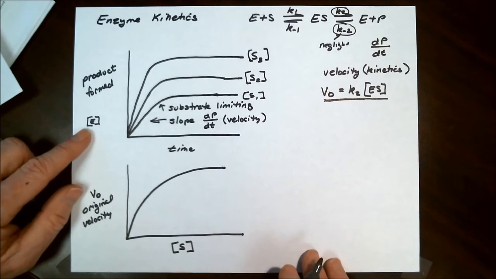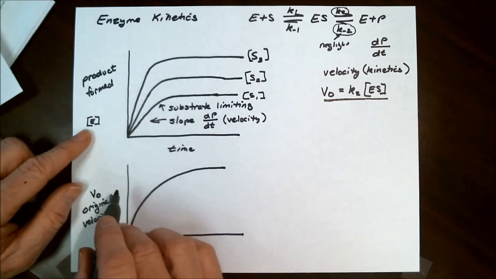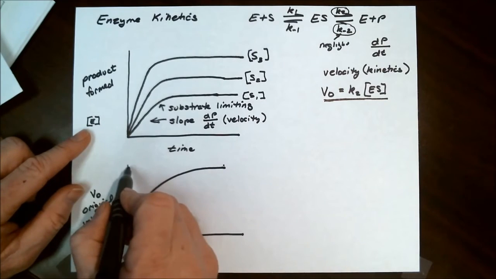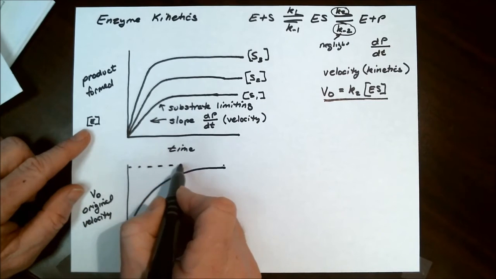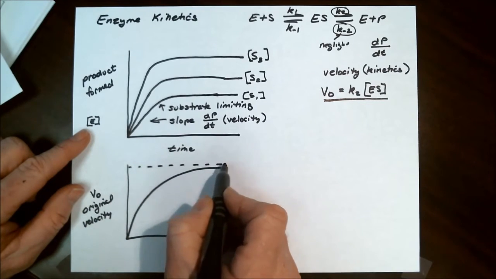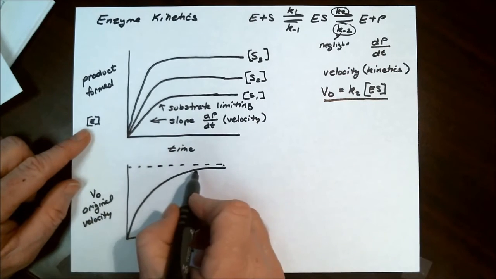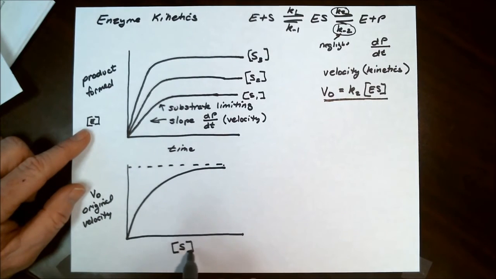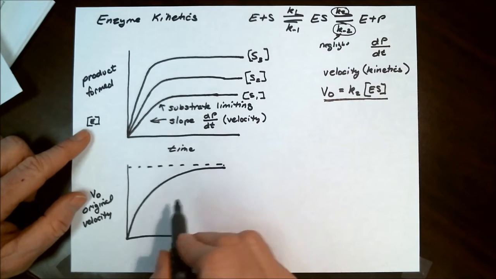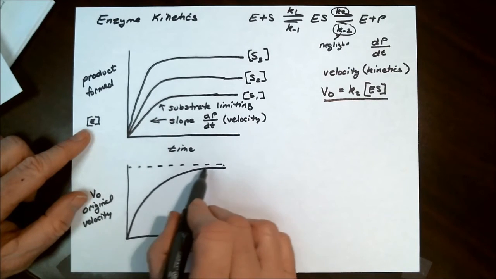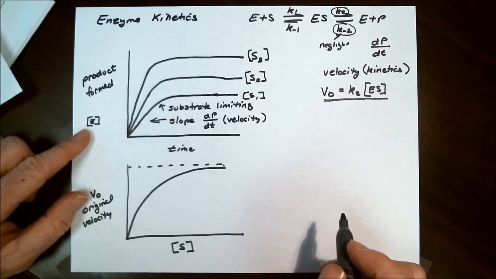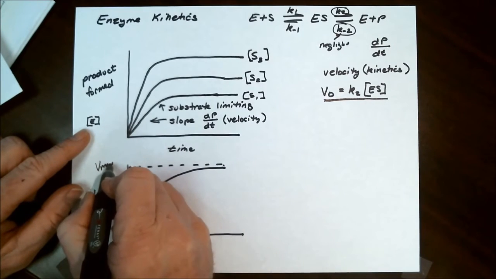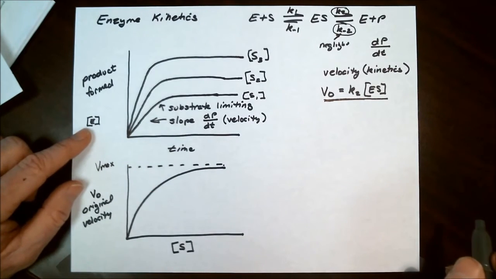Now, there's a couple of interesting parameters on this curve that become very important. One is, notice that at this V0 level, no matter how much substrate we add, the rate velocity of the enzyme does not increase. So this is termed Vmax.